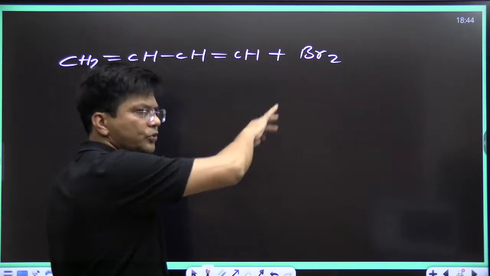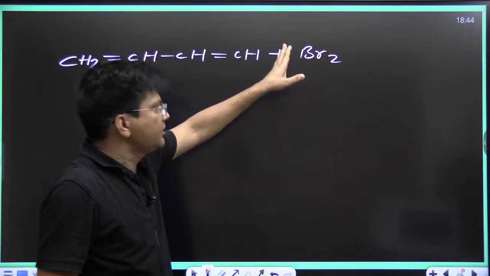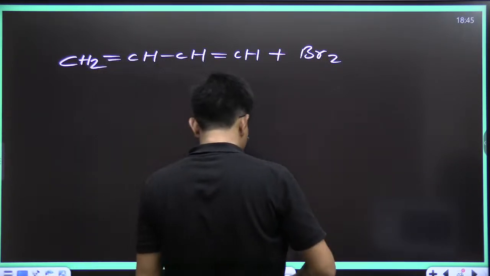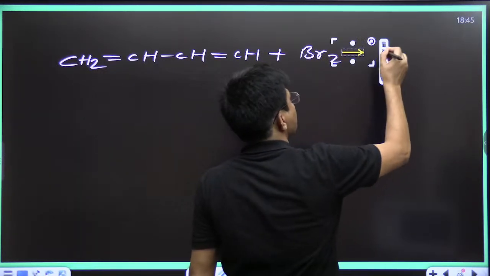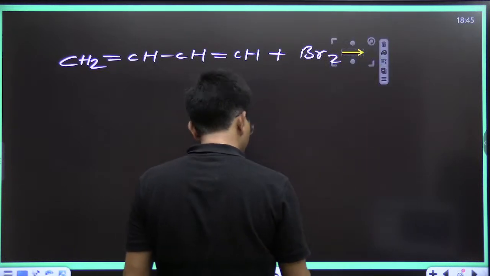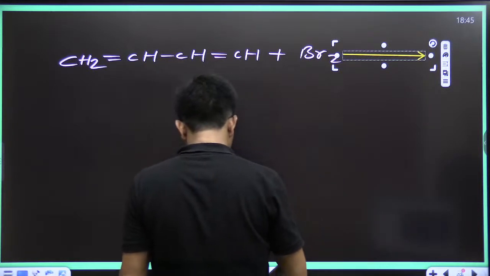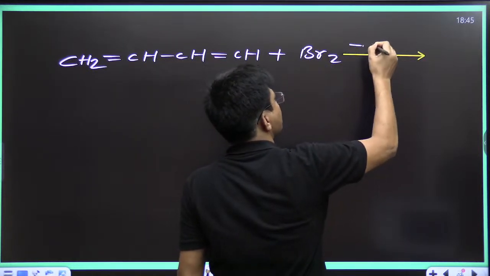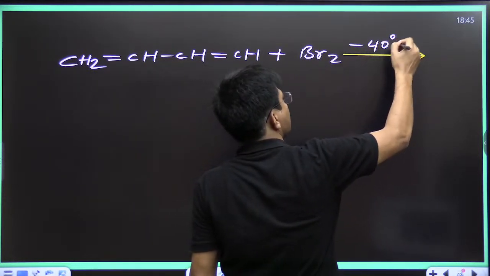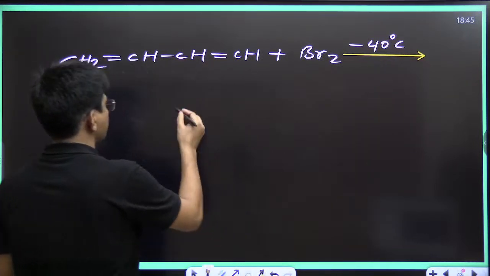In place of Br2 they can give you HBr, doesn't matter. Now see kids, if the same reaction takes place at minus 40 degrees Celsius, then this product will be minor.